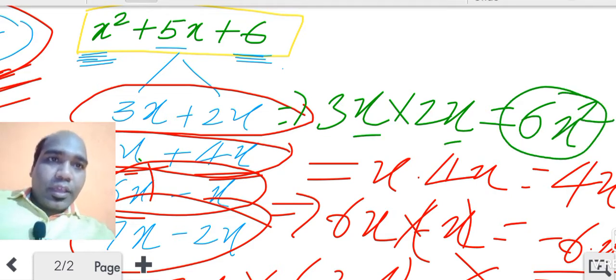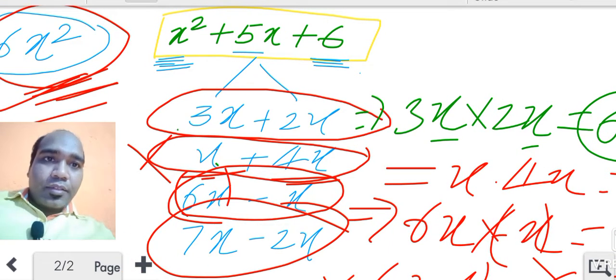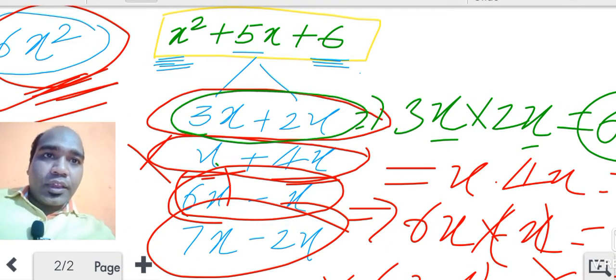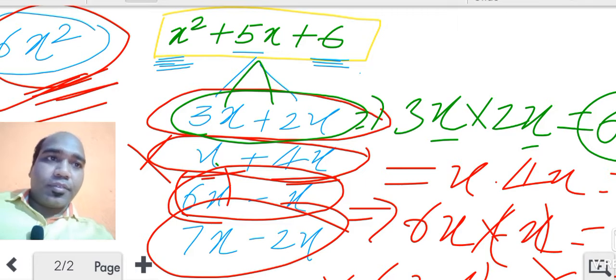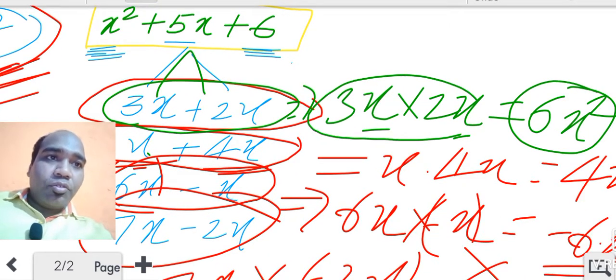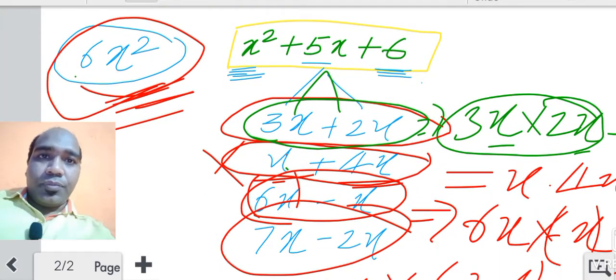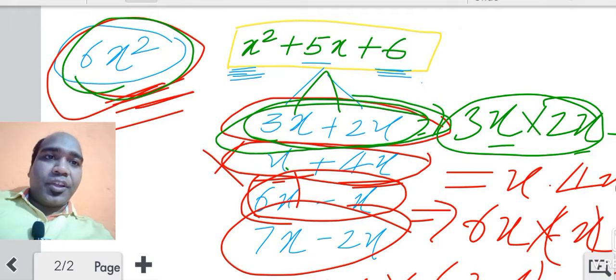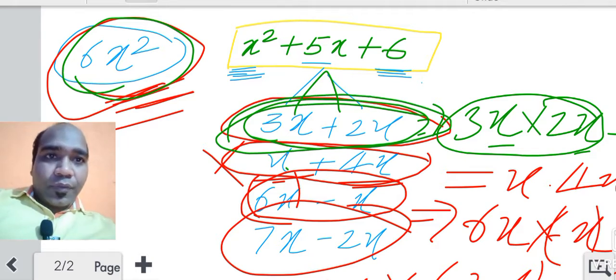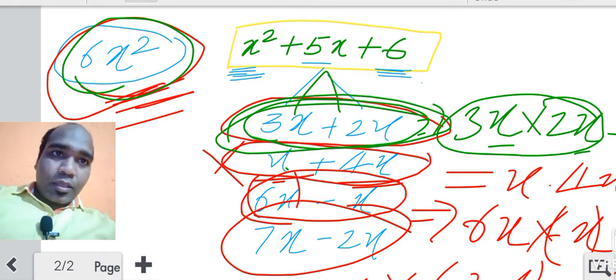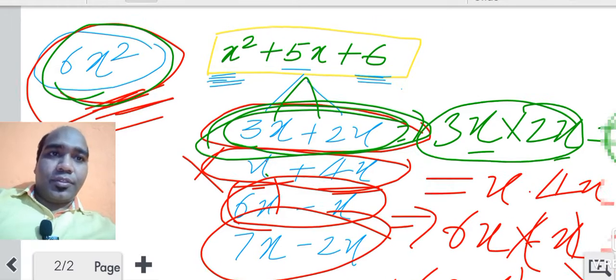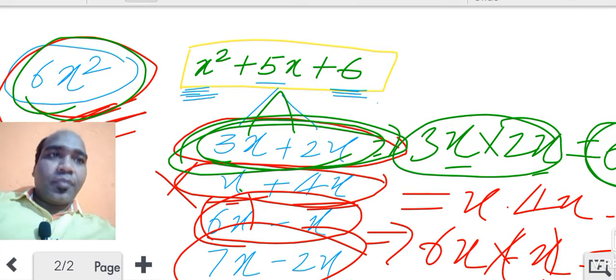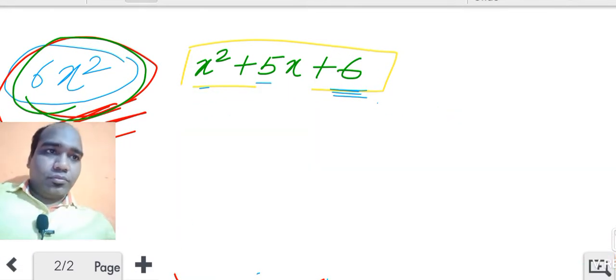This expression 3x plus 2x is equal to 5x, and 3x into 2x gives 6x square, which is equal to this 6x square. So this splitting is satisfying both the conditions.